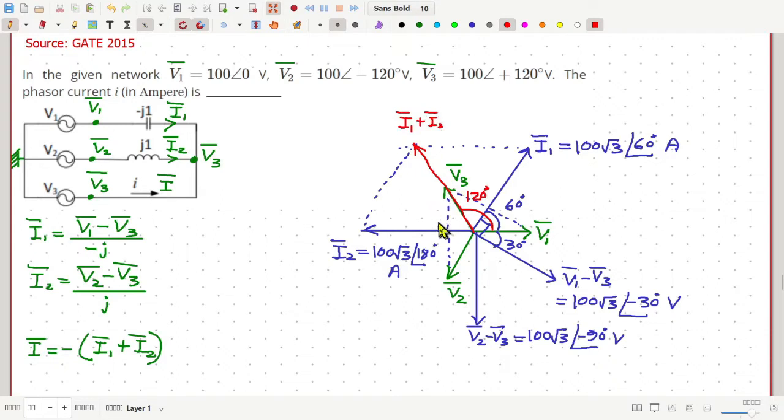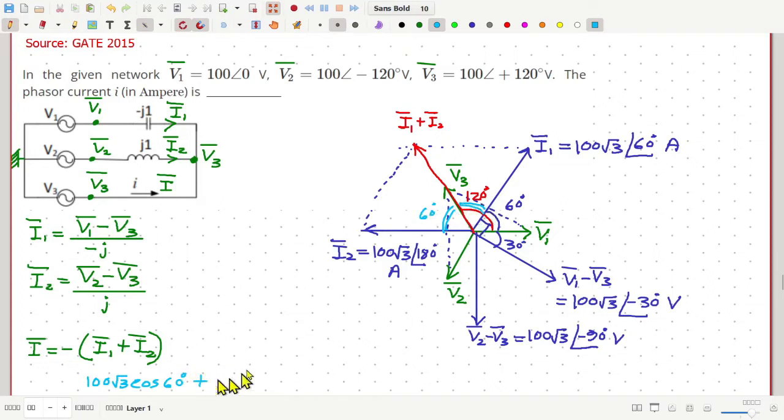And how much is the magnitude of this phasor, I1 plus I2? For that, notice that this angle is 60 degrees and this angle is also 60 degrees. So the component of I1 along this resultant is 100 root 3 cosine 60 degrees. 100 root 3 is the magnitude of I1 and cosine 60 degrees is coming because the angle between I1 and the resultant is 60 degrees.